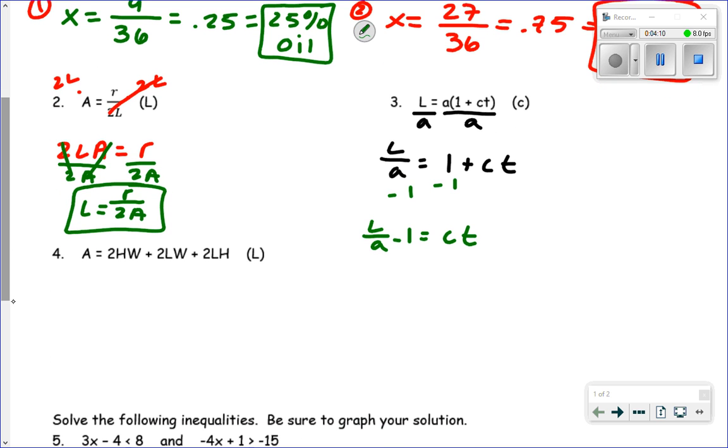And I'm solving for C here. C and the T are connected by multiplication. In order to undo multiplying, we divide. So I'm going to divide both sides by T. C is by itself, which is perfect. Now, I've got L over A minus 1 over T. That answer doesn't look great, so I'm going to simplify this and put the T up with the A and underneath of the 1.